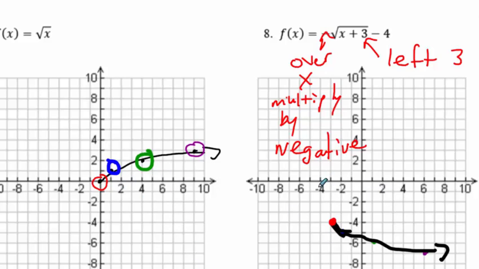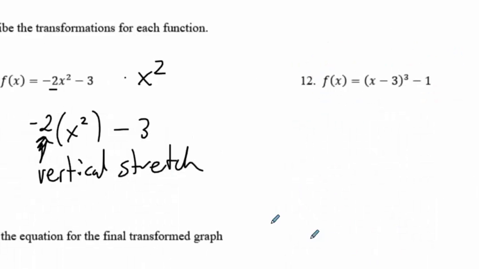This blue one here, same way, move it over 3, make it negative, and then move it 4 more down. We get to right there. This green one comes to right here, and our purple one that was right there comes over here. So that becomes our new graph.